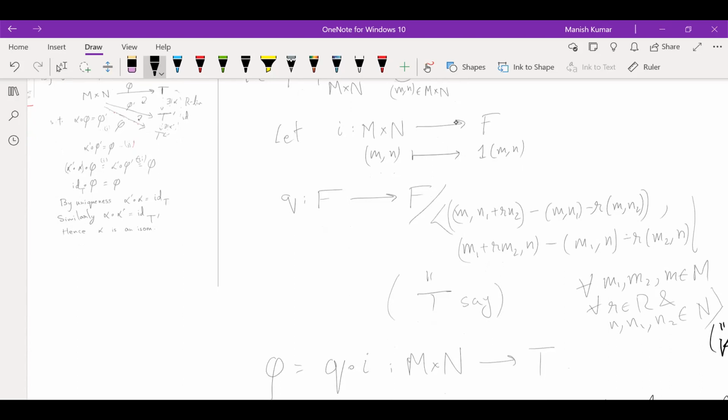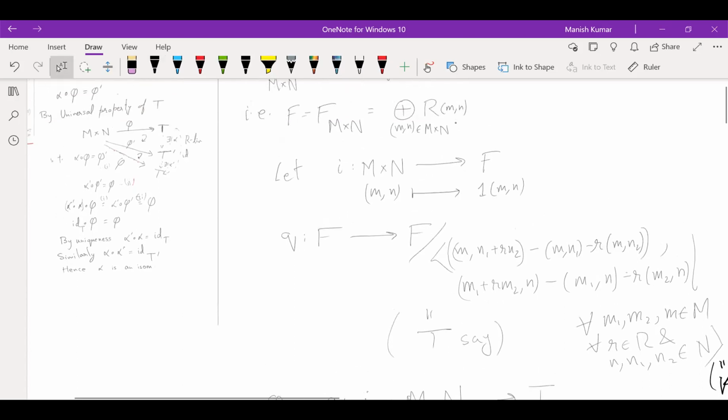So what do we want in this quotient module? What we want is that for each m, the image of (m, n1 + r n2) should be the same as the image of (m, n1) plus r times the image of (m, n2).